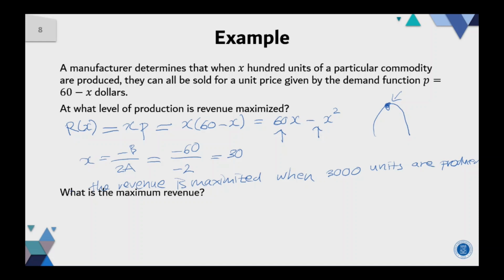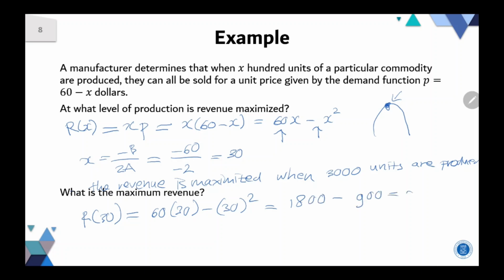Yeah, so the revenue will be R of 30, which is just 60 times 30 minus 30 squared, which is 1800 minus 900, so this is 900.